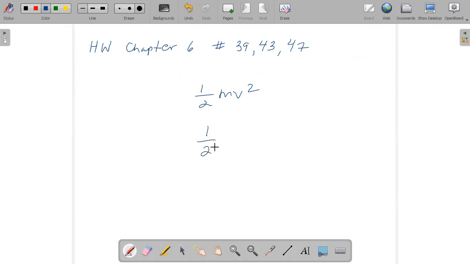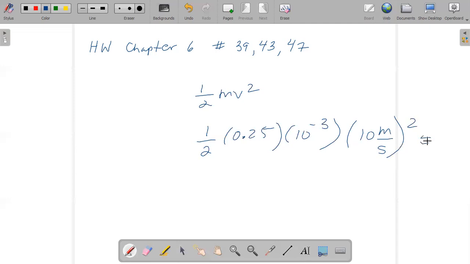So we have 1/2 times 0.25 times 10 to the negative third times 10 meters per second quantity squared. And our value is going to be 1.1 times 10 to the negative 2 joules. All right, and that concludes the first half of the homework.